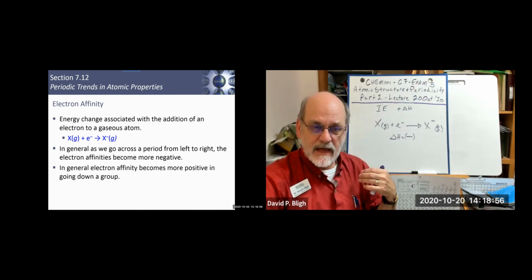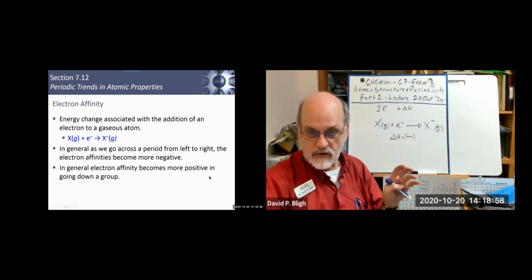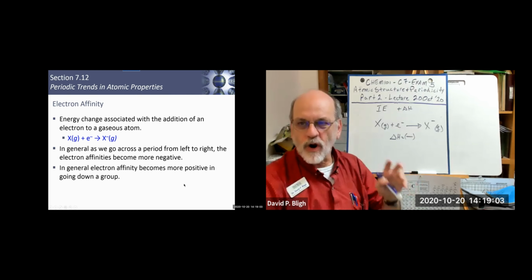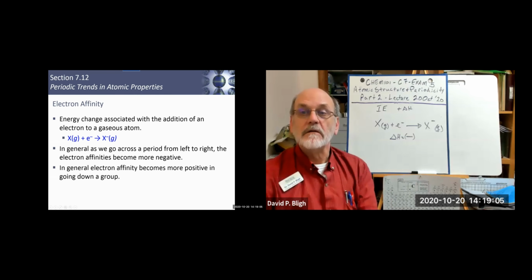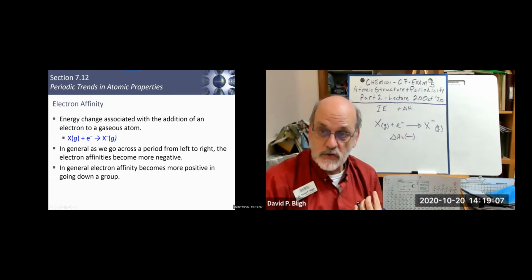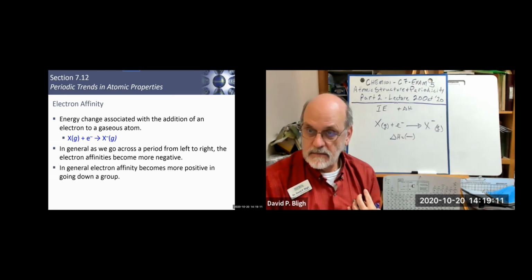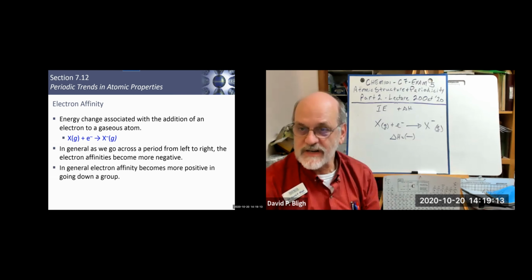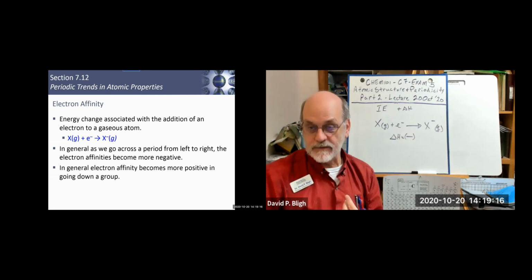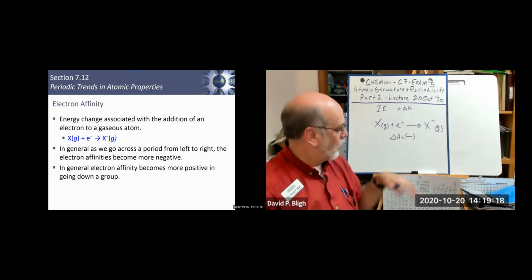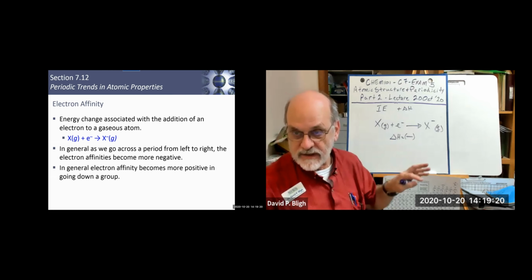So for these negative values, the more attraction there is for the electron to be added to the neutral atom, the larger the negative value, the more negative the value will be, the more exothermic the value will be.